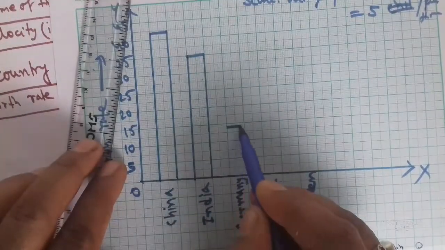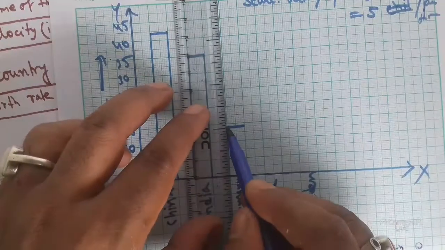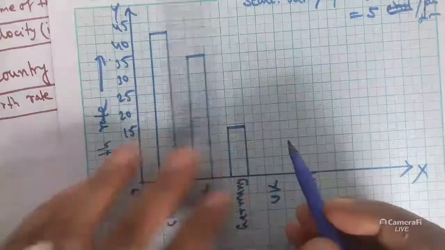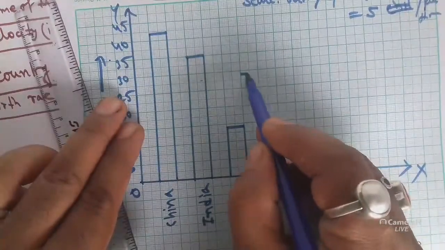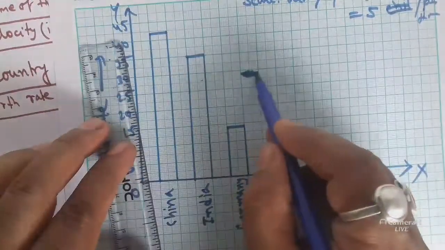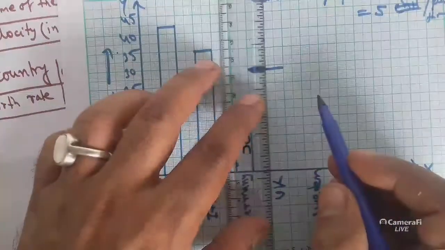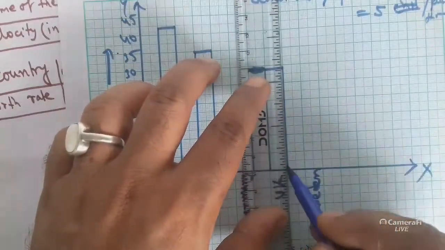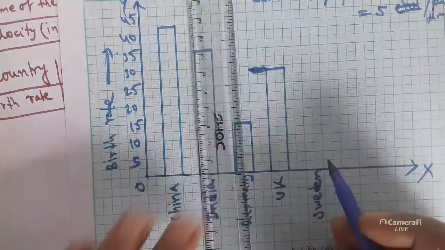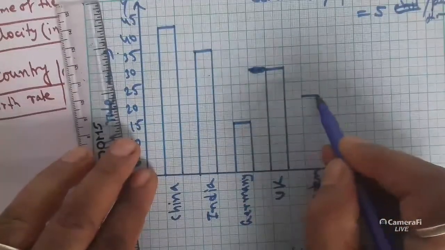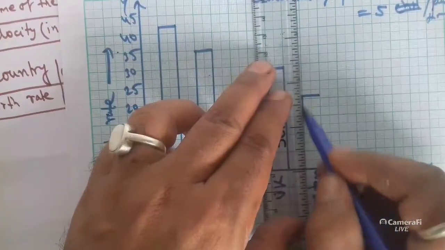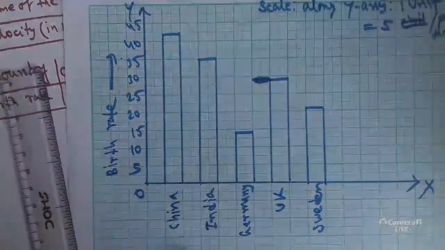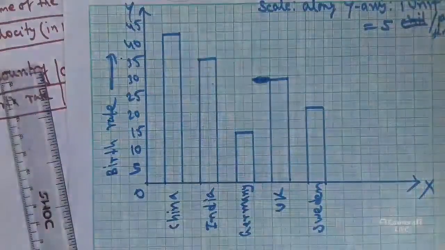So here it is 14. Next UK. UK is 28. So here it is 28. We draw the bar. Next, Sweden is 21. So here is 21. Bar graph is complete. I hope all of you understood, students.